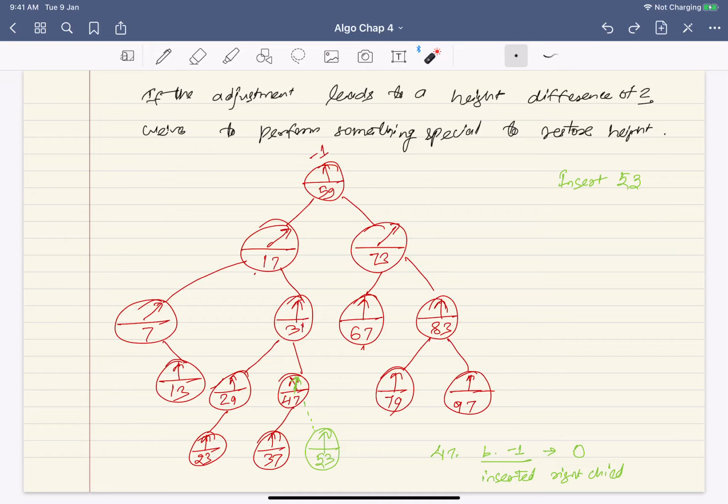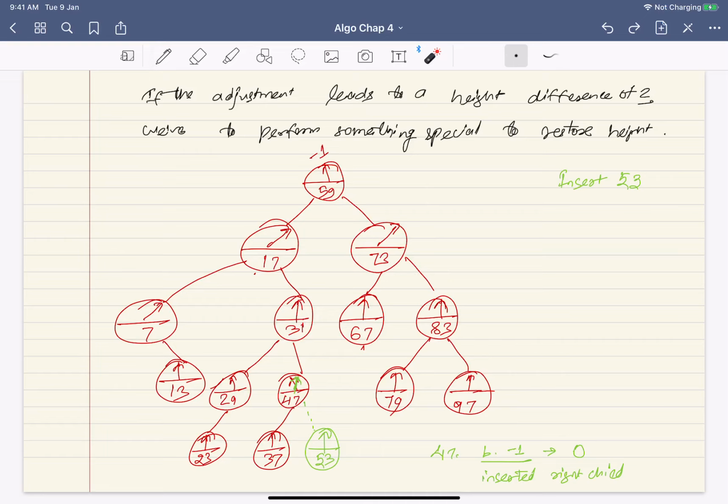Now in that case, the balance factor was anyway 0 and it remains 0. It does not change. Now is there any way that I can know this, because I am not storing the heights? So how do I know that I don't have to change the balance factor at this 31?